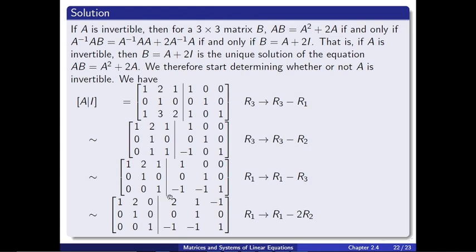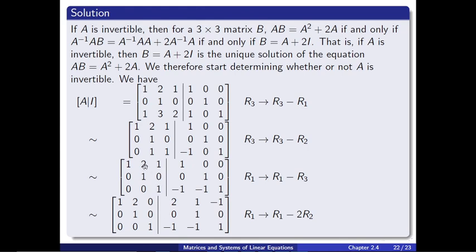Now we have the diagonal, and it's 1, so that's good. Now we want to make this a 0. We use this, so we say R1 minus R3, and that is our row operation. We do it everywhere, and we get our 0 there.